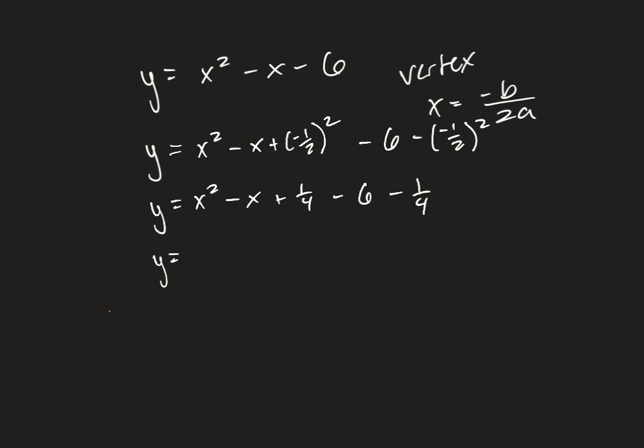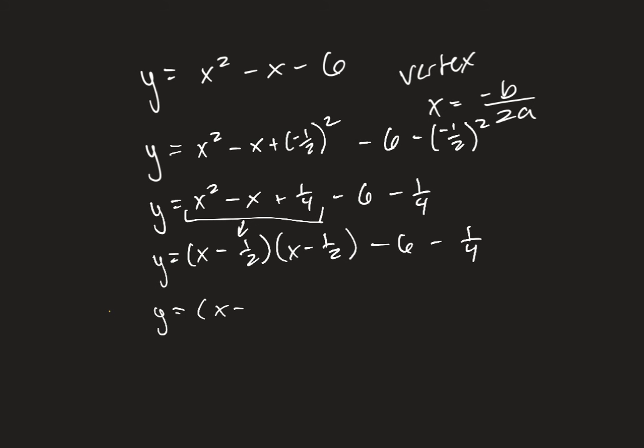So now I can rewrite this again. The whole point of completing the square, of adding this term, b over 2 squared, is that now we have a perfect square, or something that is times itself, right? This chunk factors to be x minus a half times x minus 1/2, so we can rewrite this as x minus 1/2 all squared.